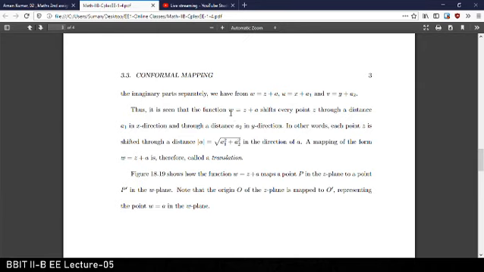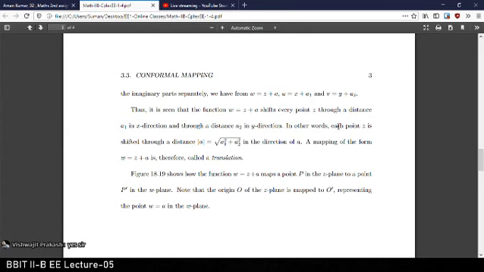Now you see, it has been seen that this function shifts every point z through a distance a1 in the x direction, means every point will be x plus some constant. So every point has been shifted by a1 distance. Similarly, every point will be shifted by a2 distance in the vertical direction. Clear?